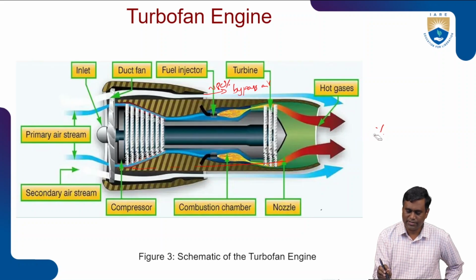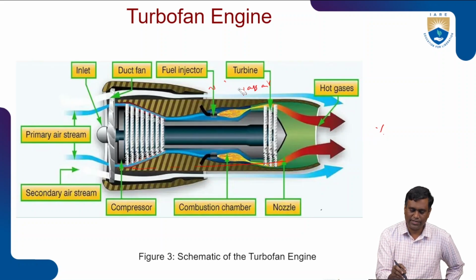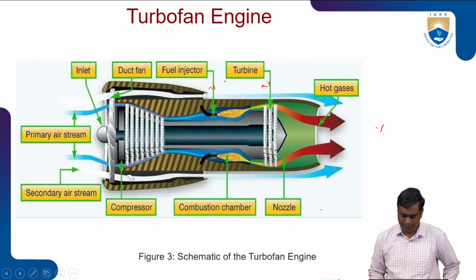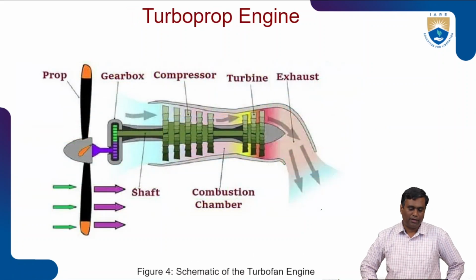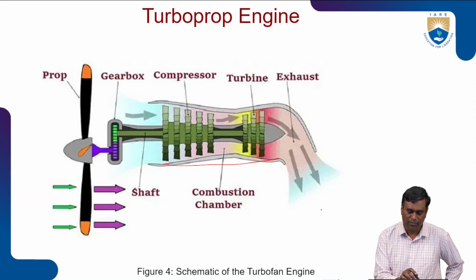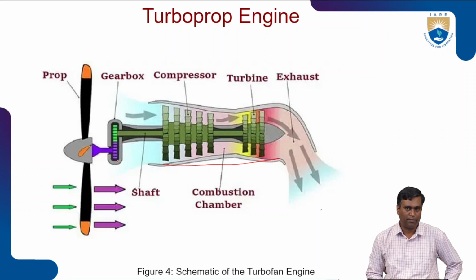I'm just revising these things as we have already discussed them in detail in previous lectures. And turboprop. So this is the turboprop engine. This is a core engine, and here the shaft power generated is supplied to the propeller through a reduction gearbox.